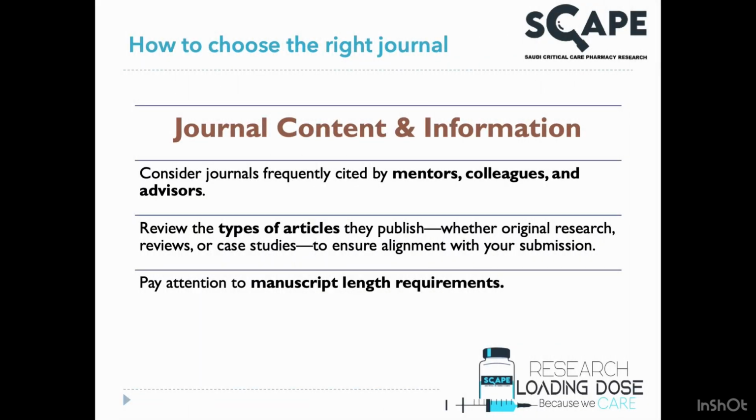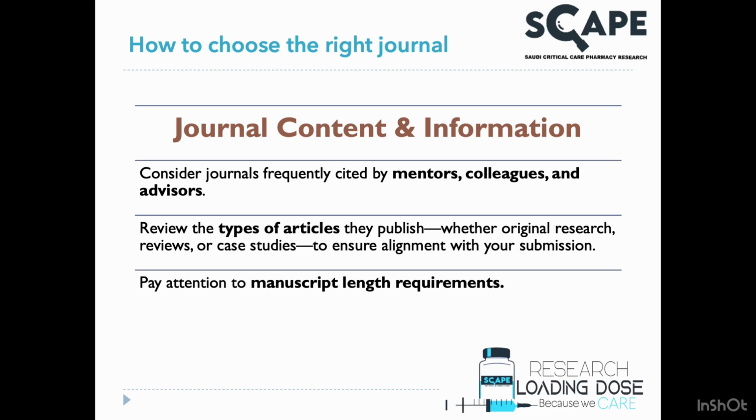How to choose the right journal? We have 3 main core values: journal content and information. It's very important according to our manuscript, and we consider journals frequently cited by our mentors, colleagues, and advisors, especially a research advisor and a research expert.